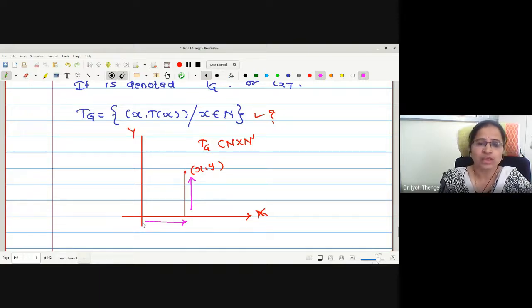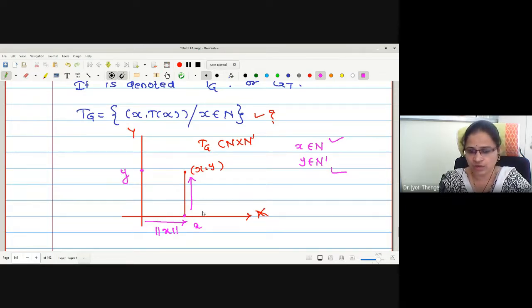Now, the spaces N and N dash are themselves normed linear spaces, no doubt. x is in N and y is in N dash. Therefore, let me call the norm of this distance norm of x, because this point is an x point and this point is a y point, that we know. And here let this be norm of y.